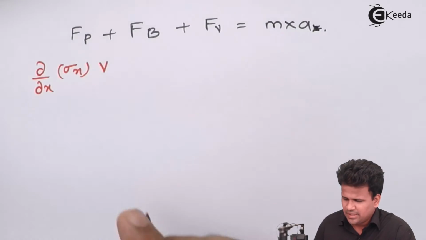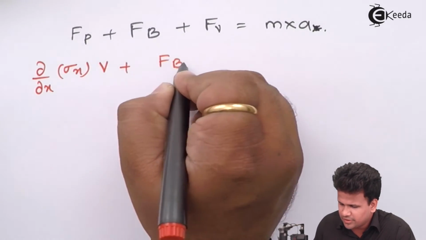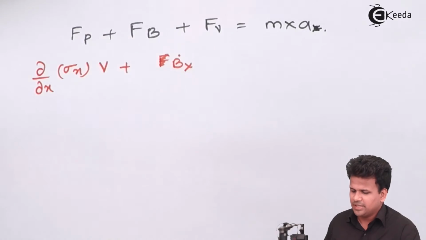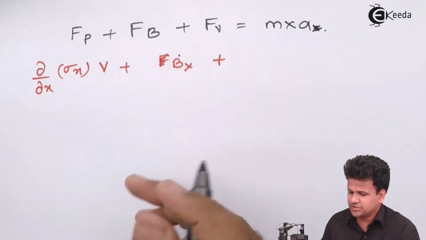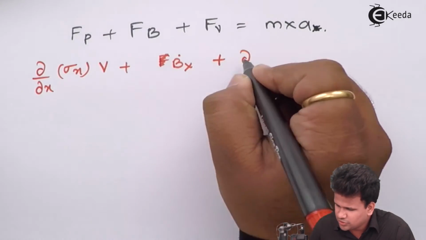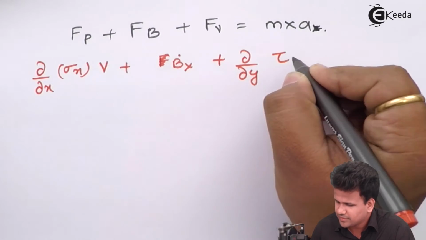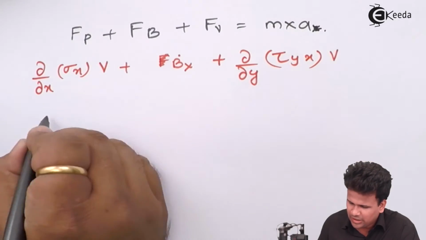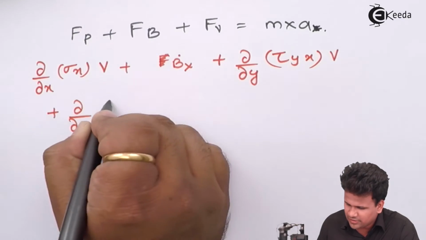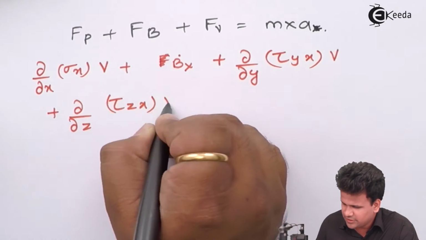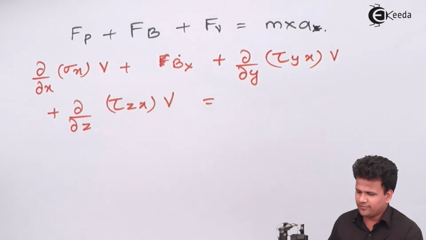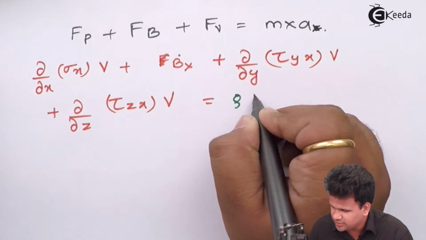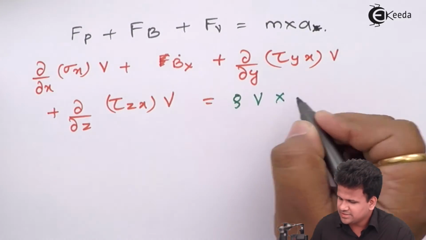Plus we will have body force per unit mass, which we have denoted by Bx. Plus we'll have viscous force along x direction, so this is dou by dou y of tau of y plane x direction into volume, and along with that dou by dou z of tau of z plane x direction into volume, which will be equal to mass into acceleration. Let us write this as density into volume, which is the mass, into acceleration along x direction.